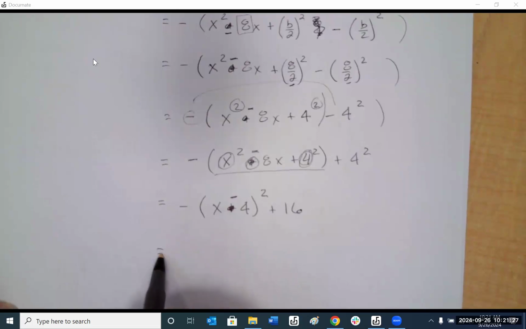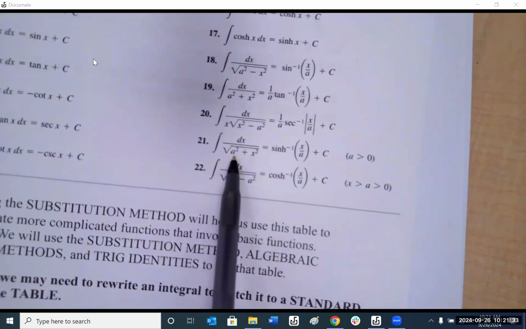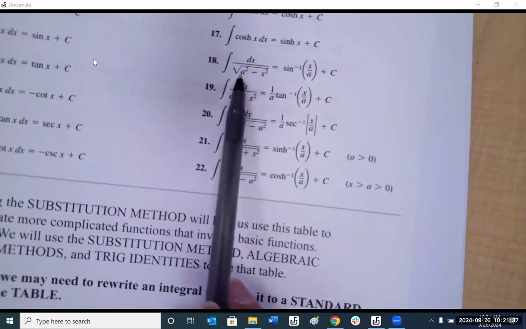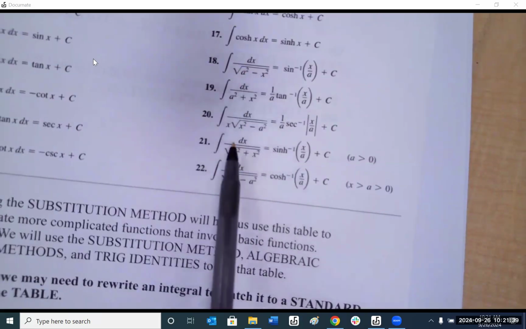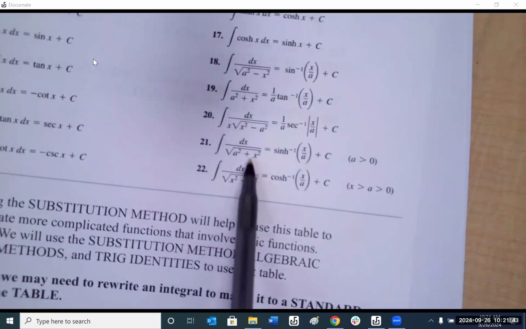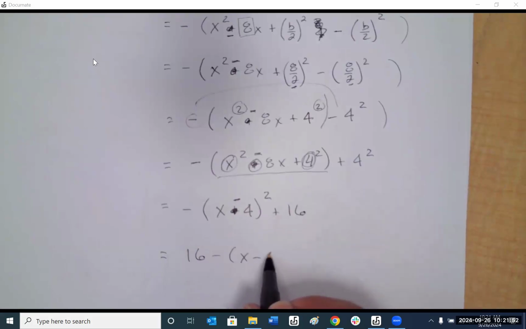So to make this match one of these, we have to have the a in front on most of these. See, on the square, we have a squared minus x squared. There's no coefficient there, or is there? So we can rewrite this to be 16 minus x minus 4 squared.